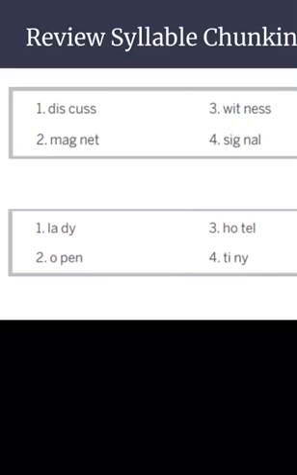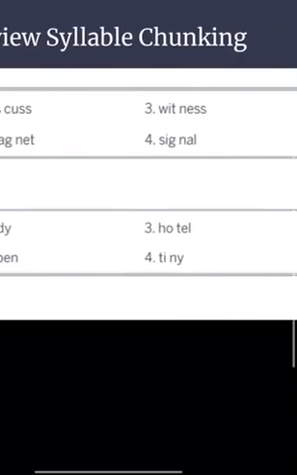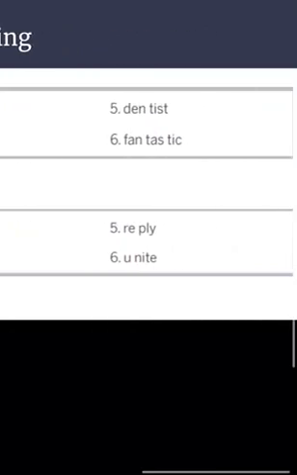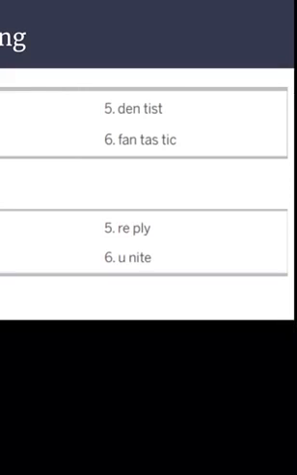Okay, in these words, there are long vowel sounds. And long vowel sound is the vowel basically saying its name. Okay, number 1, lady. Number 2, open. 3, hotel. 4, tiny. 5, reply. And 6 is unite.